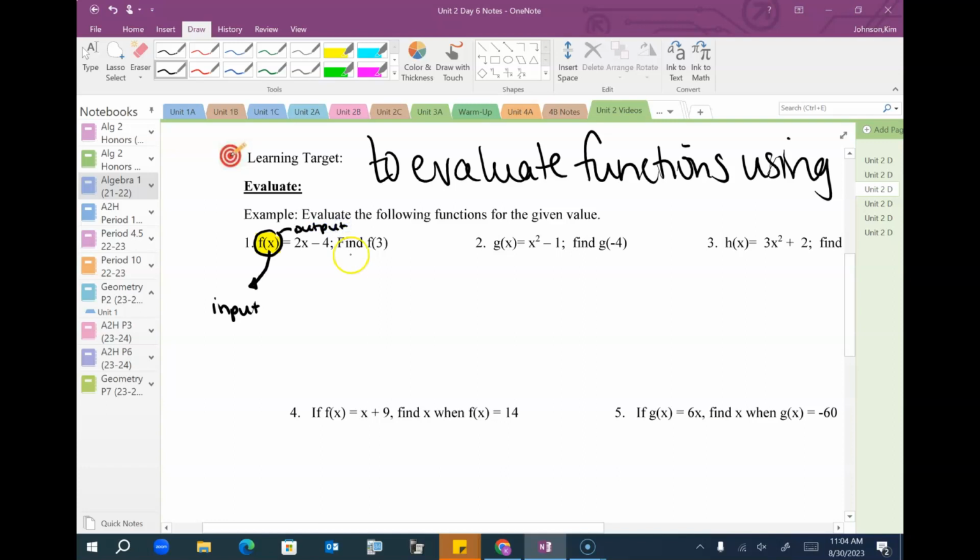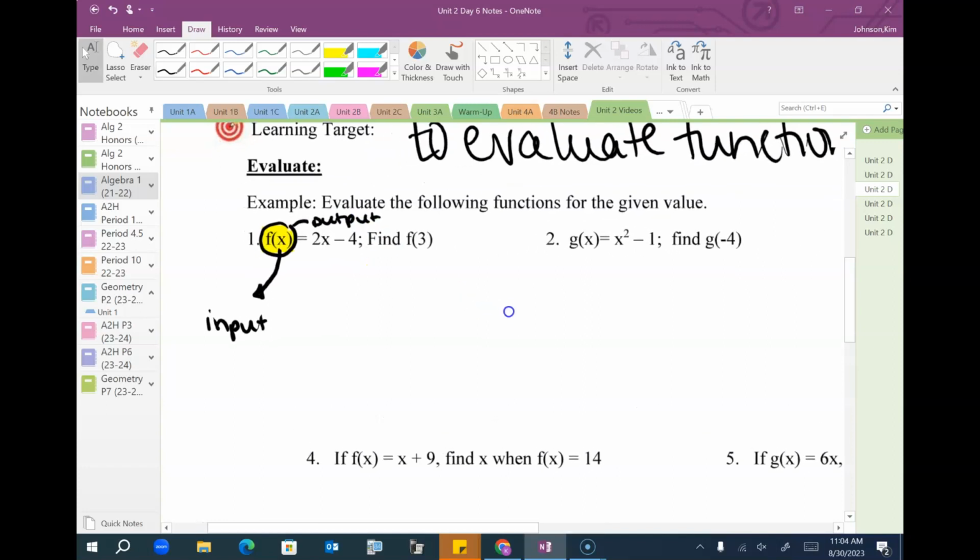Okay, so if I ask you to find f of 3, this is really asking what's y when x equals 3. In order for us to determine what y is when x equals 3, we're going to substitute 3 in for the x value. So it'll look like this. f of 3 equals 2 times 3 minus 4.